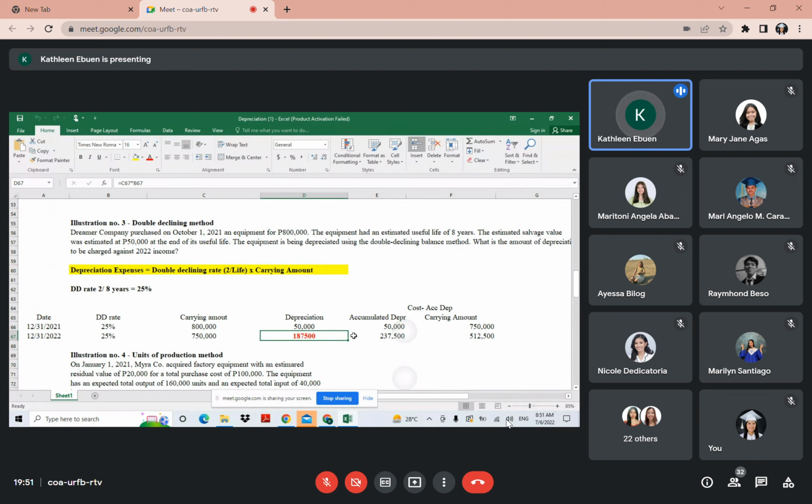So, sa double declining method class, maaaring hindi aabot ng 8 years yung kanyang depreciation. Kasi double declining. So, maaaring sa 5th, 6th year, wala nang value yung machinery mo. Kasi masyadong mataas po yung double declining method. Masyadong mataas yung chinya-charge natin na depreciation expense.